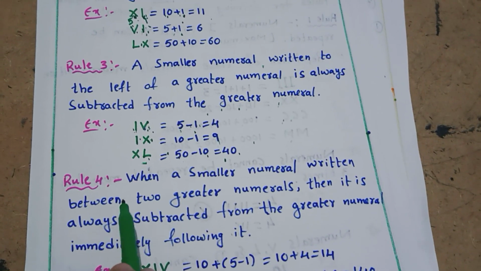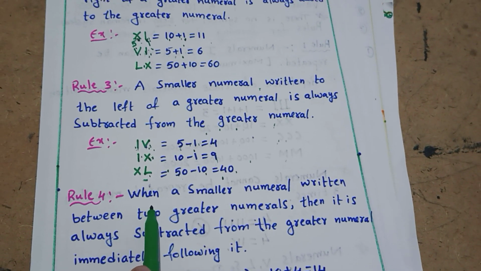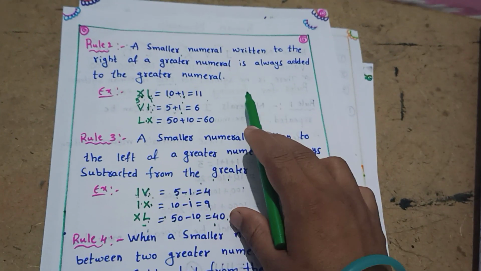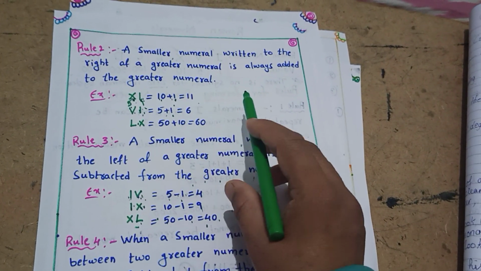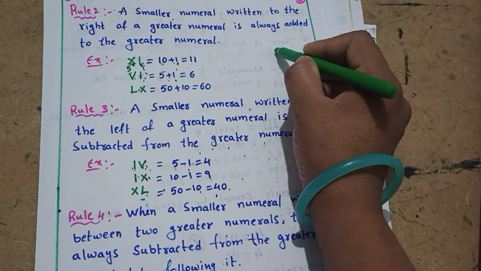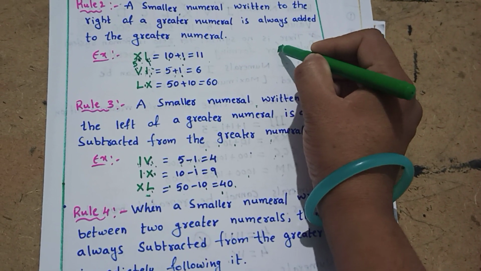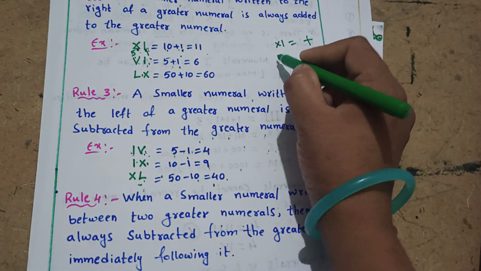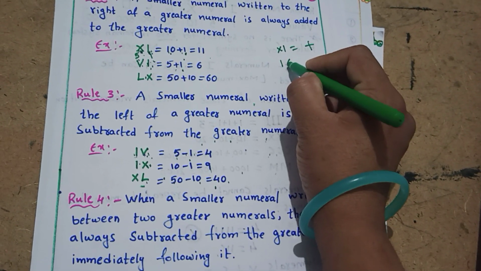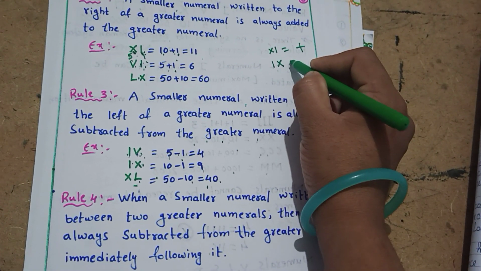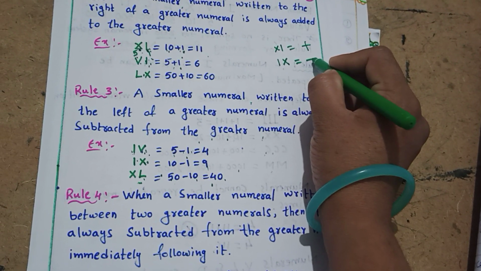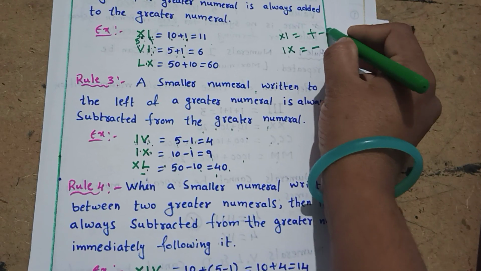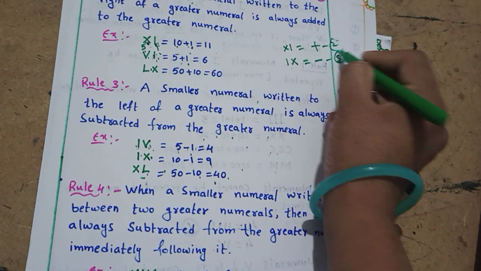Now rule 4. In rule 2, if you write a smaller value to the right side of a greater value, it should be added. If you write a smaller value to the left side of a greater value, it should be subtracted. This is rule 2, this is rule 3.